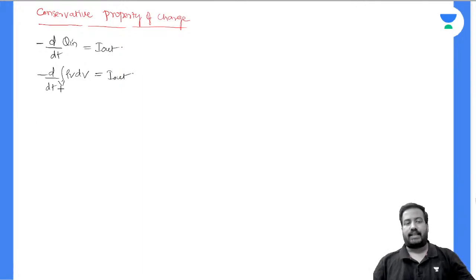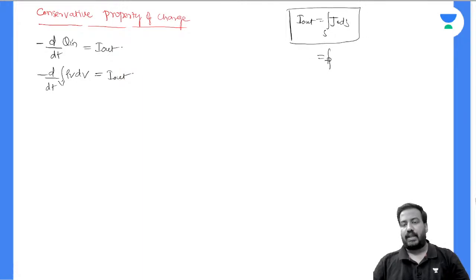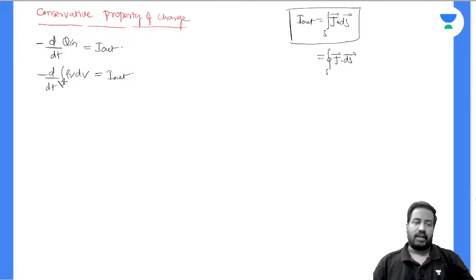Now on the LHS we have a volume integral, on the RHS I out. This current can be replaced in terms of current density as open surface integral of J dot dS if it is an open surface, or by closed surface integral of J dot dS if it is a closed surface. Now the question is, shall we take open surface or closed surface? Because in LHS we have volume, you should take the closed surface. Therefore volume integral of minus dou rho v by dou t dv is equal to closed surface integral of J dot dS.